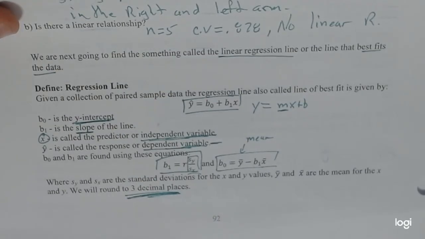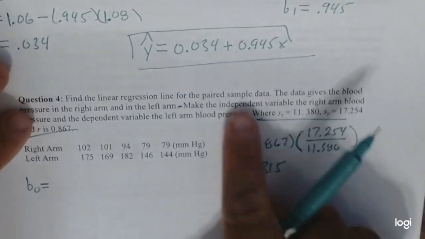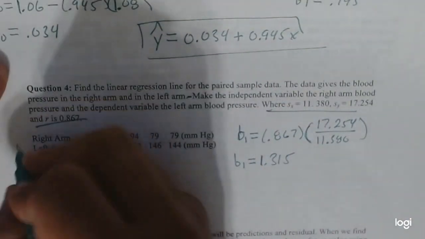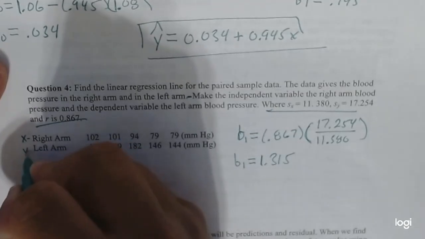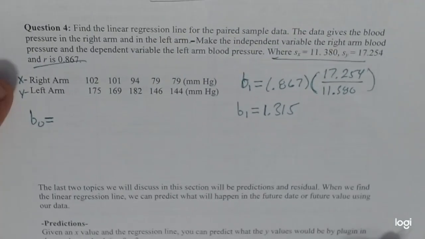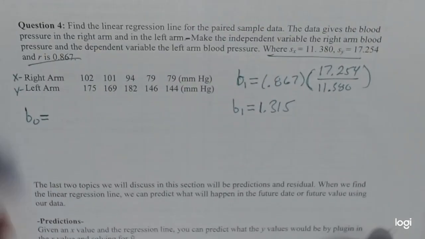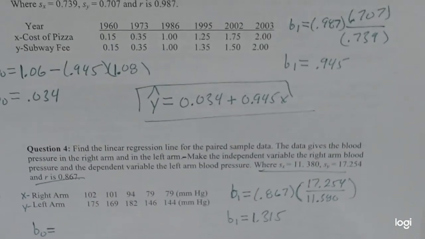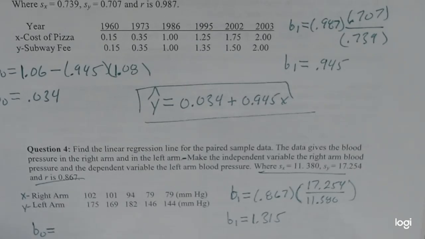The x's. What is the dependent variable? The y's. So if the independent variable is the right arm, these are the x's and these are the y's. They don't have to plainly tell you, but they will tell you in the question what it means by independent variable. Okay, so now we just have to find the means of each one.